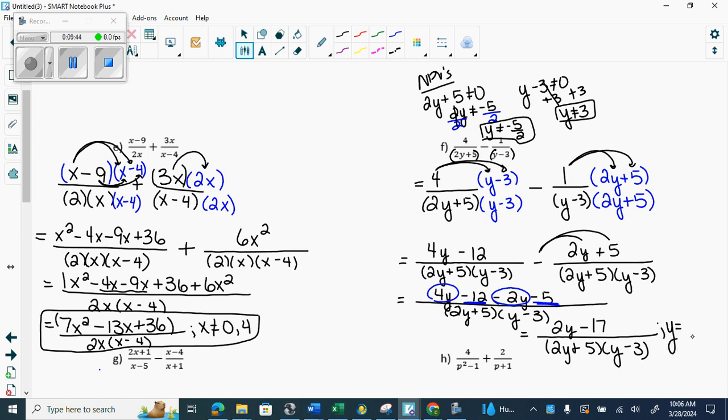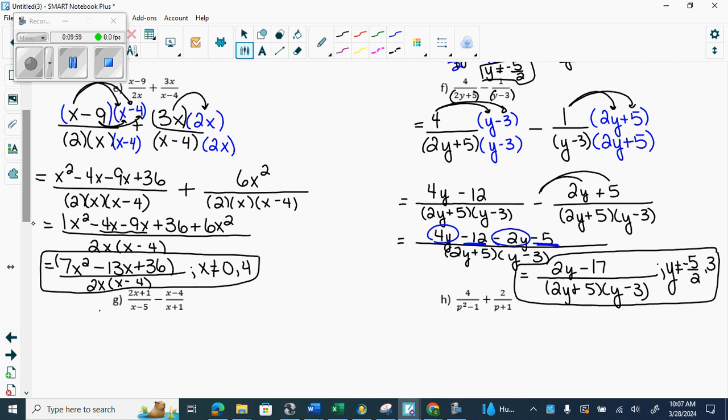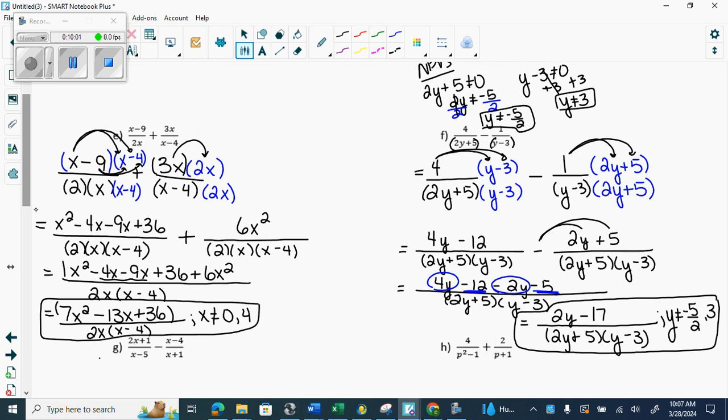So y can't equal negative 5 halves. True. I agree. All right.